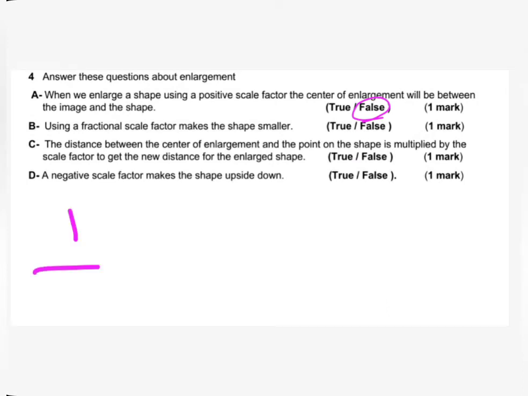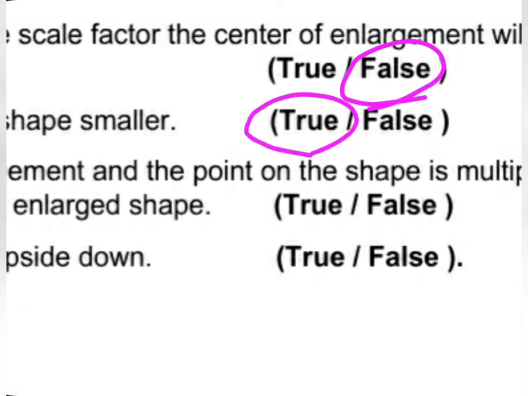Fraction means like this, which is half. So when I tell you to find half of a shape, the shape will become what? Very good. It will become smaller. So using a fractional scale factor makes the shape smaller. That's true. Very good.